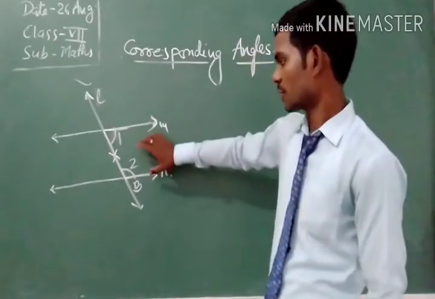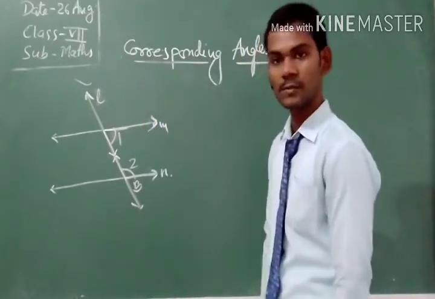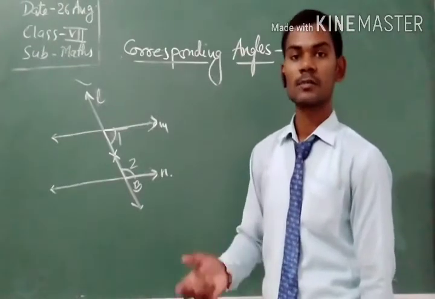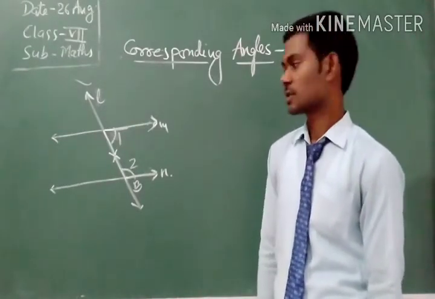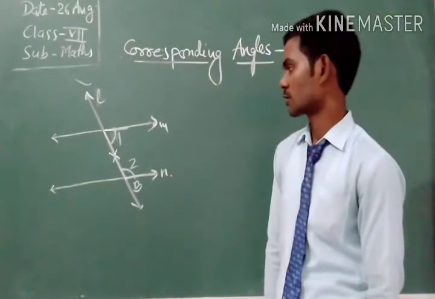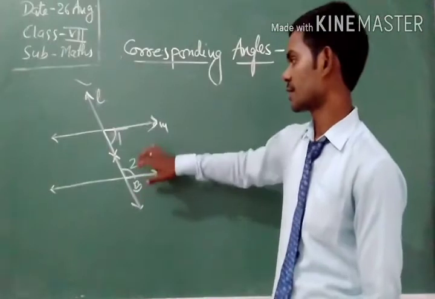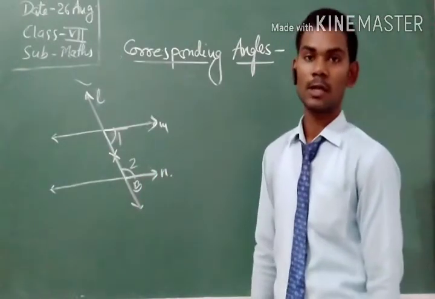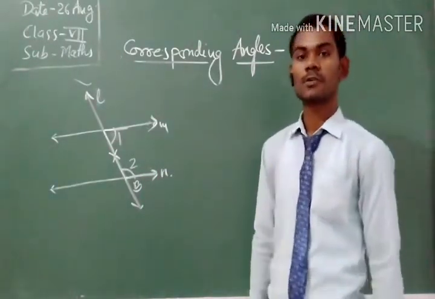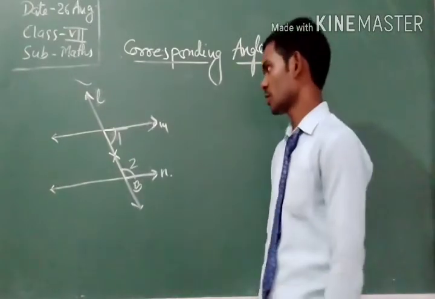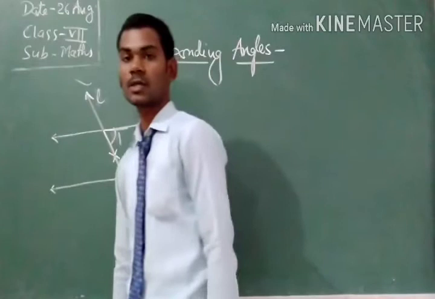So here we can see that there are two angles formed, 1 and 2, in which one arm of each angle is on the same side of the transversal, and the second arm is formed by the transversal, pointed in the opposite direction. Then the angle is known as corresponding angle. I hope the definition of corresponding angle is clear to all. Let me explain it once again.